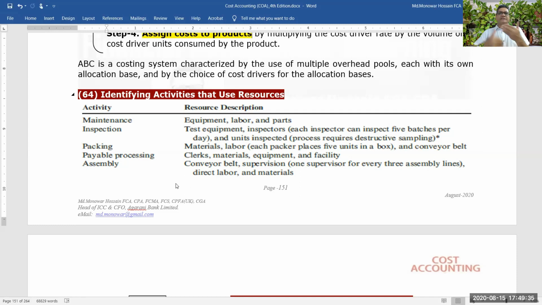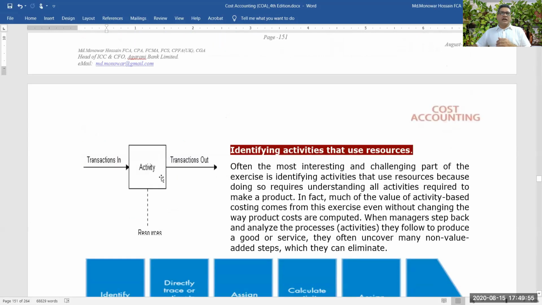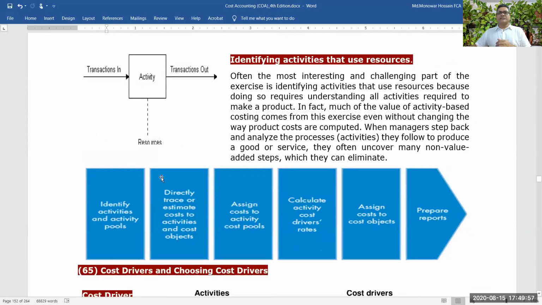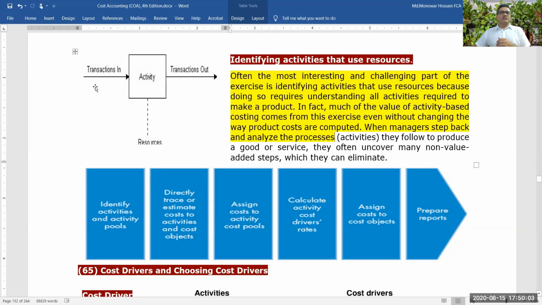And packaging, where the resources would be materials, labor, and various bill and payable processing, clerk, material equipment, and facility, and then assembly, the convertible, and then supervision, etc. And identify activities that use resources, so transaction in and resource use within the activities, and transaction out.